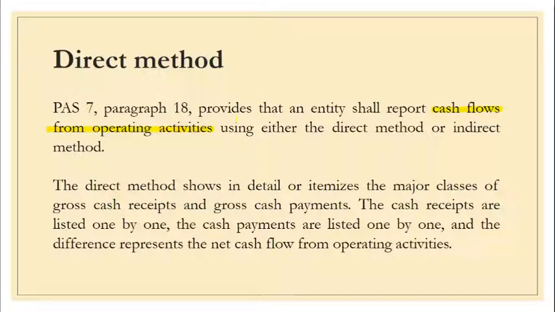Now, the direct method shows in detail or itemizes the major classes of gross cash receipts and gross cash payments. The cash receipts are listed one by one, the cash payments are listed one by one, and the difference represents the net cash flow from operating activities.